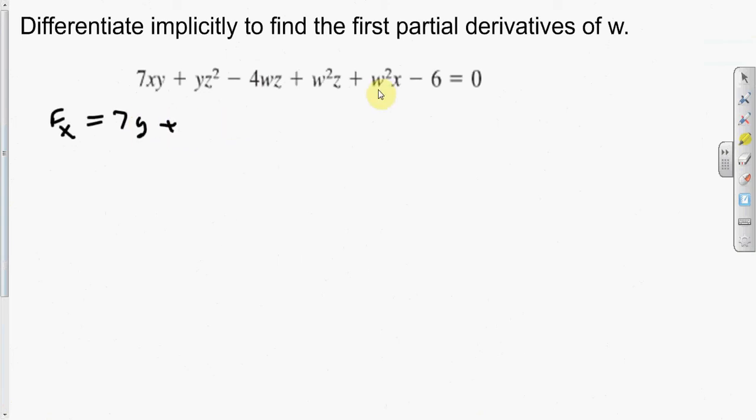There's one with that w squared, so this is plus w squared. Find the partial of f with respect to y, not x again. That's 7x plus z squared. Any more y's? I think that's all the y's that I see.